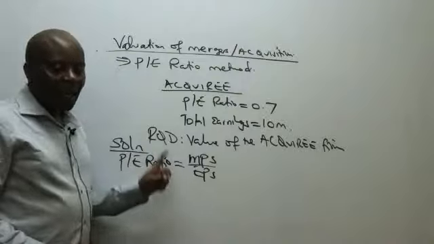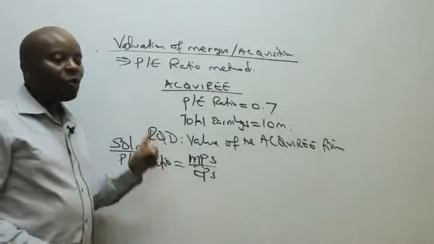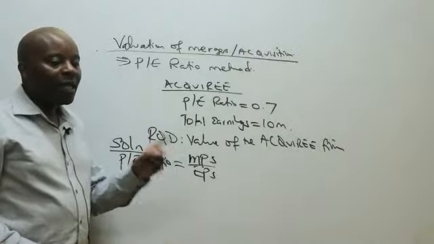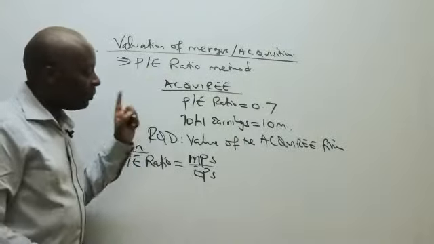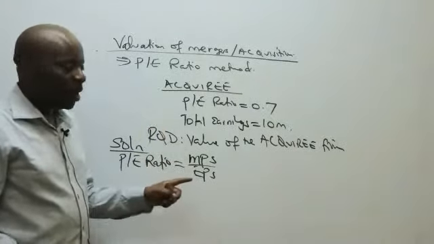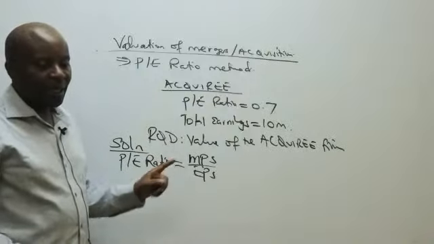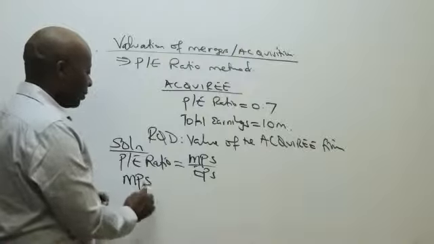So when they tell us to value an organization, they basically want us to make MPS the subject of the formula. Could you kindly try to make MPS the subject of the formula?